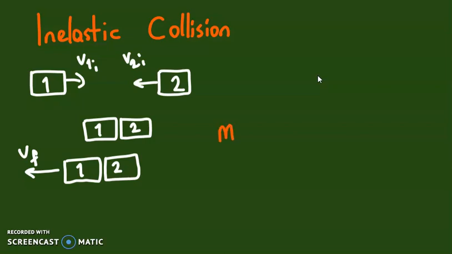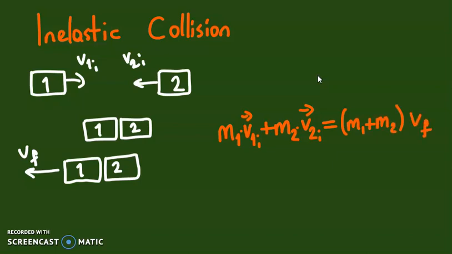Mass of object 1 times velocity of object 1 initial plus mass of object 2 times velocity of object 2 initial equals, the left side of the equation is momentum before the collision, and the right side is the combined mass m1 plus m2 times v final, and we can use this equation.